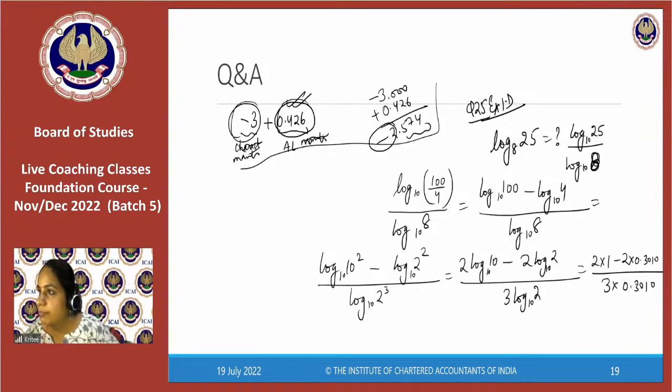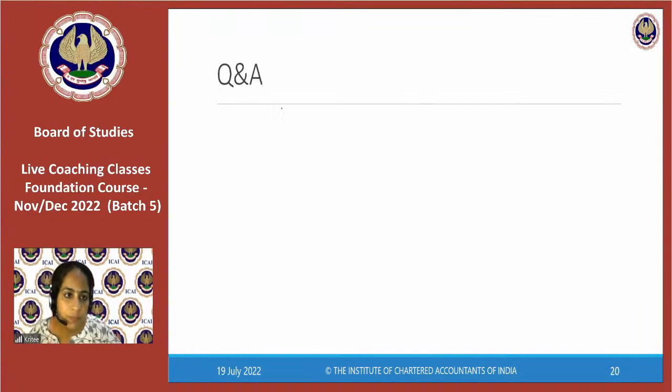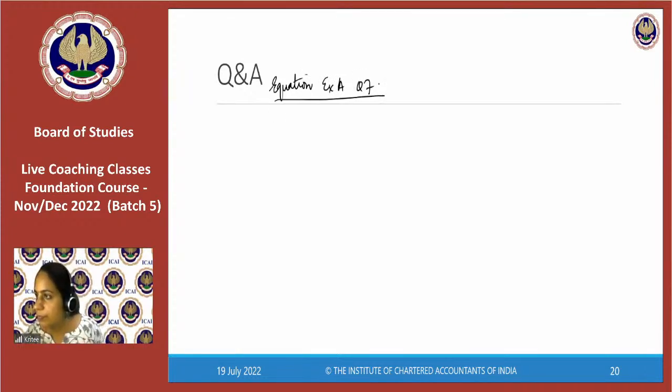Question, sum number 7. Loveleen is asking exercise A. I think this is for equations. Okay. Exercise A, question number 7. Let's look into it.